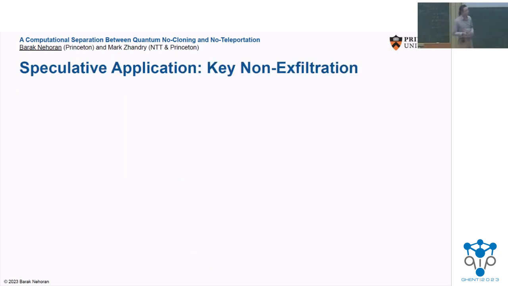And so let me end with a speculative application. One thing you might think is, well, what can I do if I have a state that can be efficiently cloned but not efficiently teleported? One possible thing that you might do is something called key non-exfiltration.